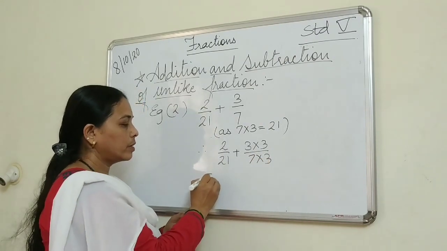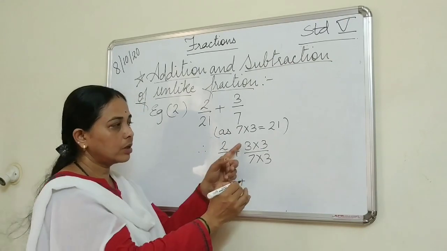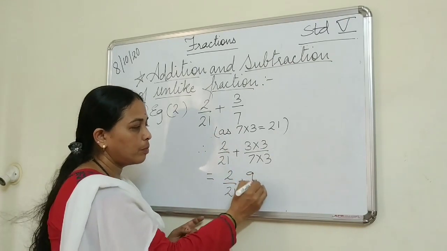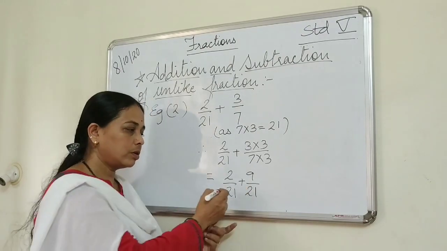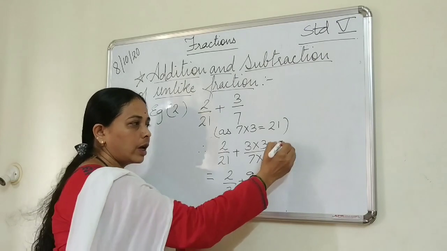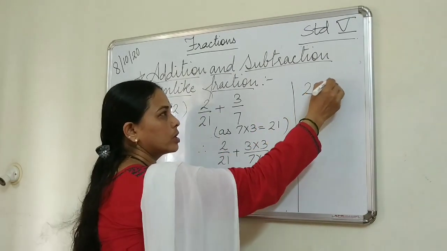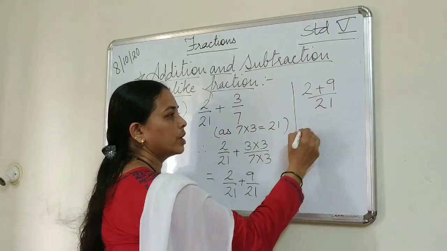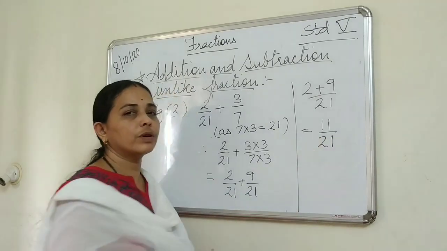So you will get 2 upon 21 as it is plus 3 3s are 9 upon 21. Okay, further it is just addition like your like fractions. Add this 2 plus 9 upon 21. It becomes 11 upon 21.